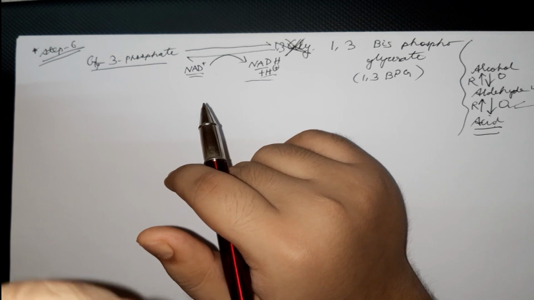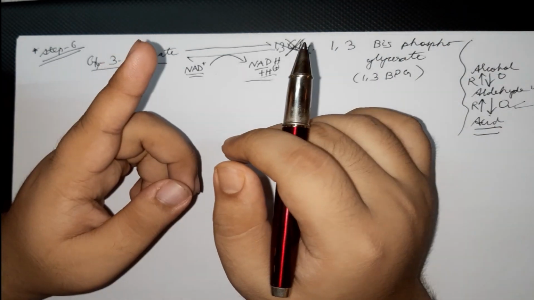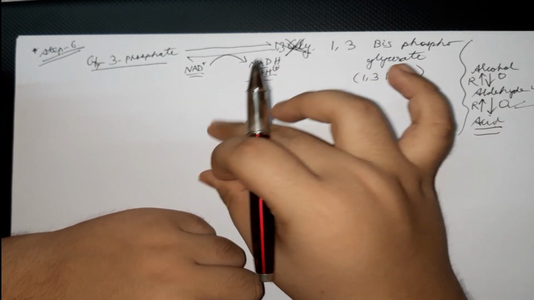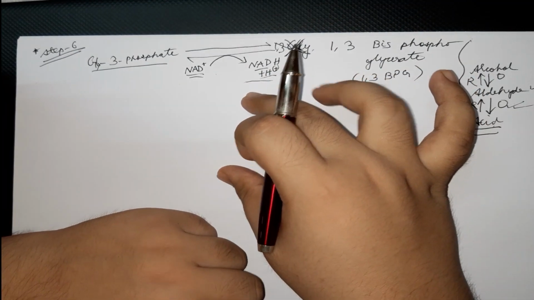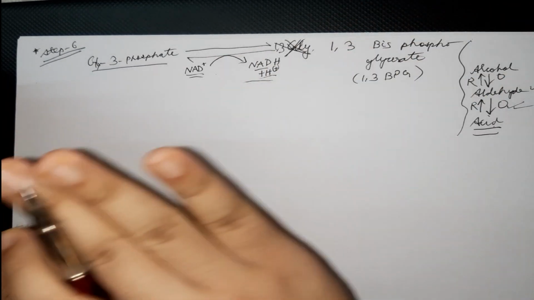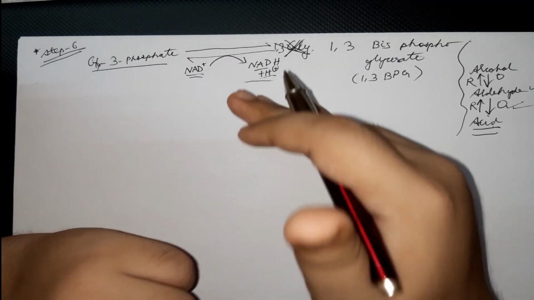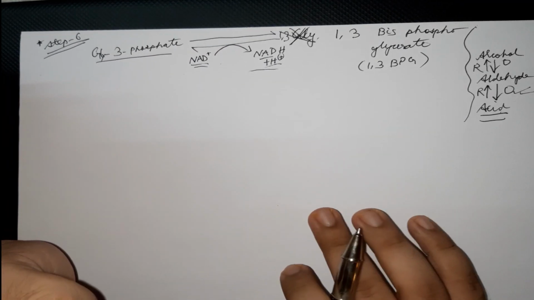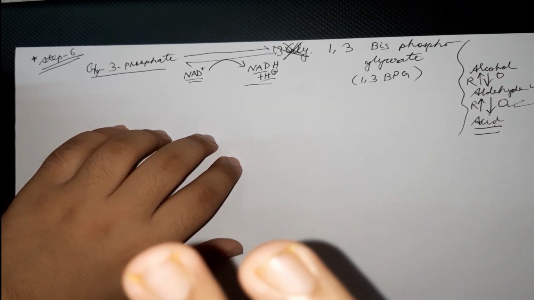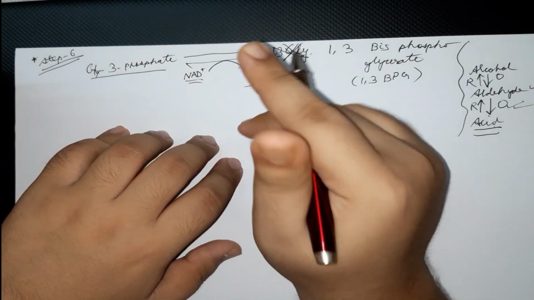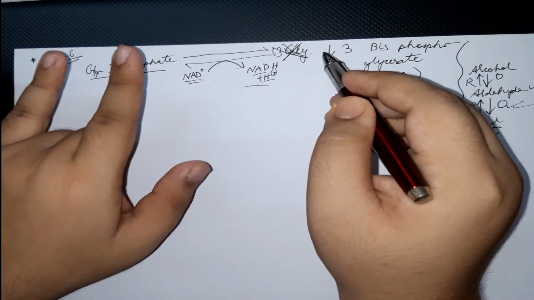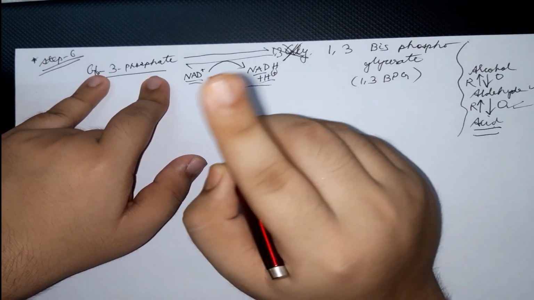ATP. But I have already mentioned that those 3 steps, step 1, step 2, step 3, where ATP was being consumed, are over. That's the preparatory phase, it is over. In the subsequent reactions, there will be no ATP utilization. So we can be sure that the source of the phosphate for glyceraldehyde 3-phosphate's phosphorylation is not ATP.